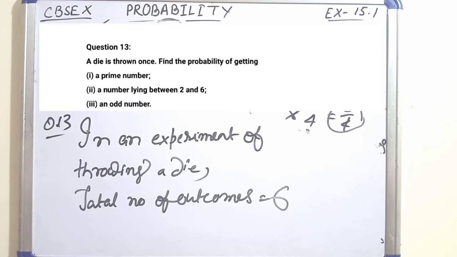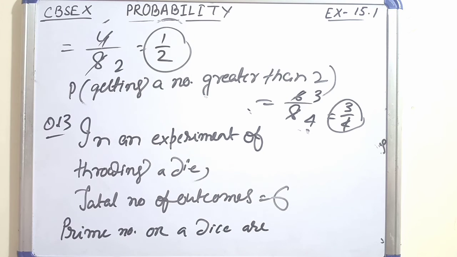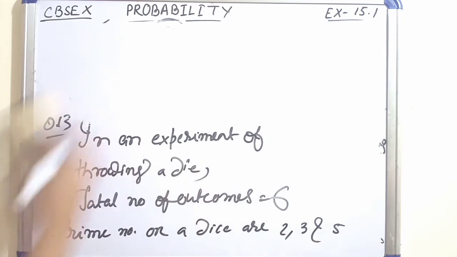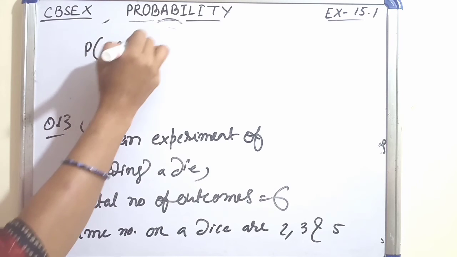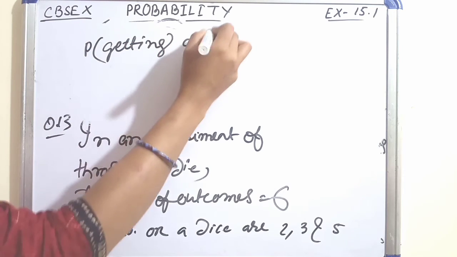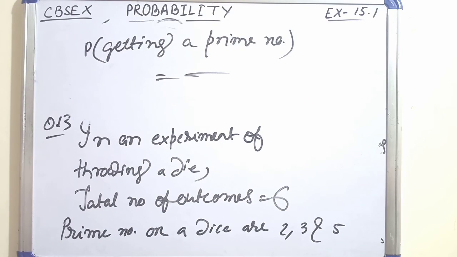Prime numbers on a dice are 2, 3 and 5. So probability of getting a prime number is number of favorable outcomes upon number of total outcomes.